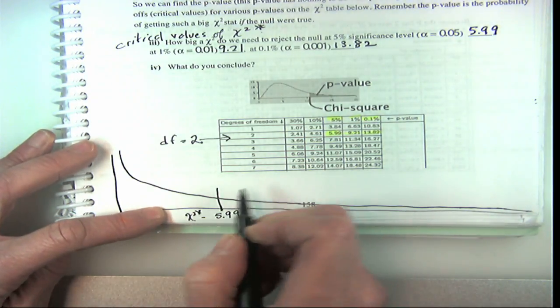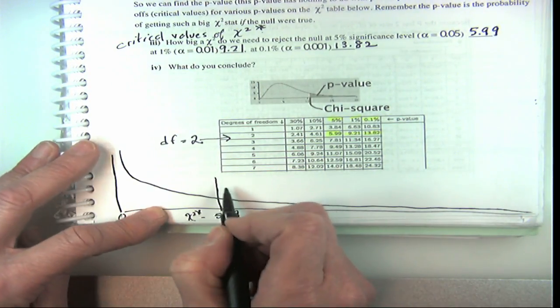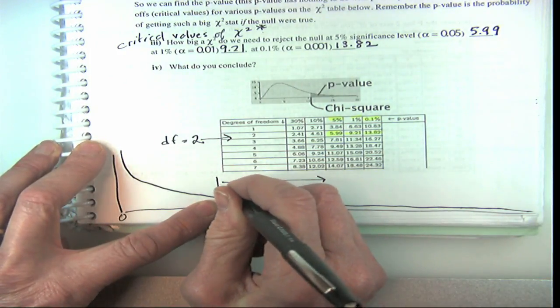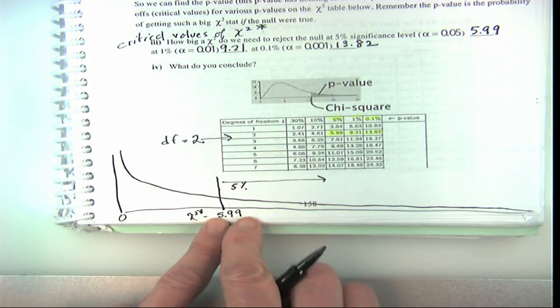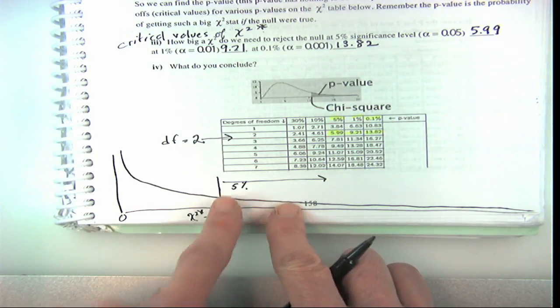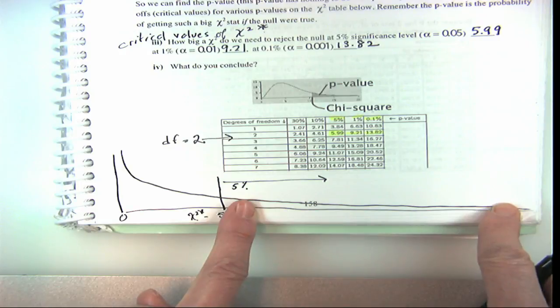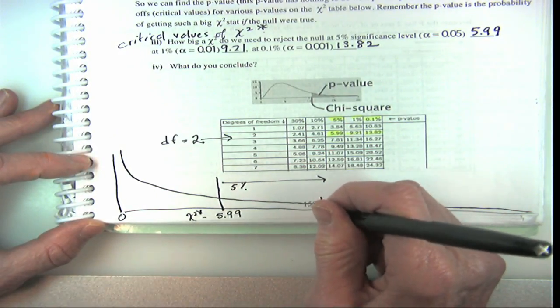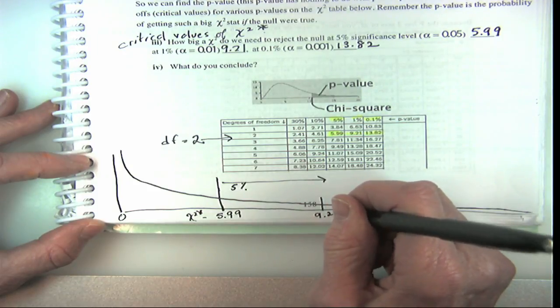And that right here is 5.99. That means from here on out is 5% of the area of the curve. So if you have something bigger than 5.99, your p-value is less than 5%. You have less area. Now let's look at the next one. Let's say we go out to 9.21.